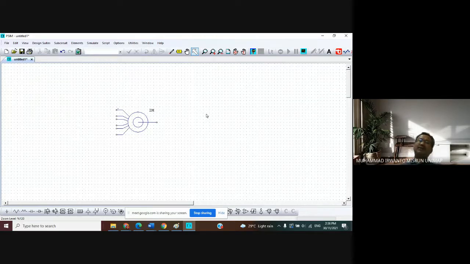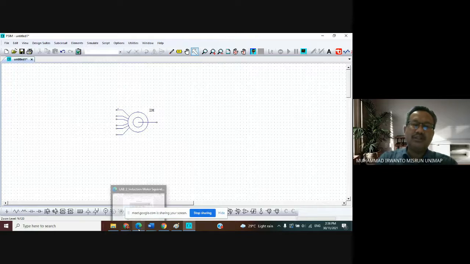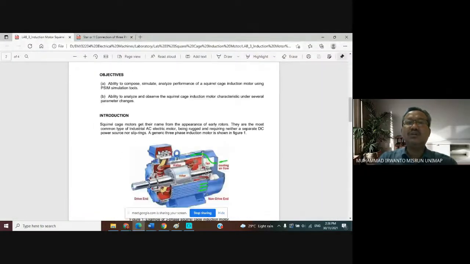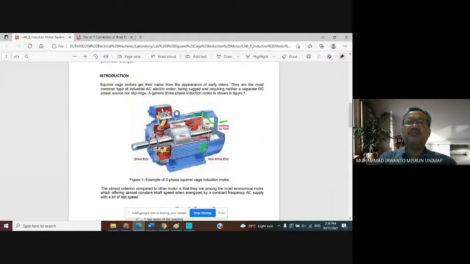And then remember, following this module, for the physics, I repeat again, it is the terminal of this induction motor, the source terminal: U1, V1, W1, U2, V2, W2.